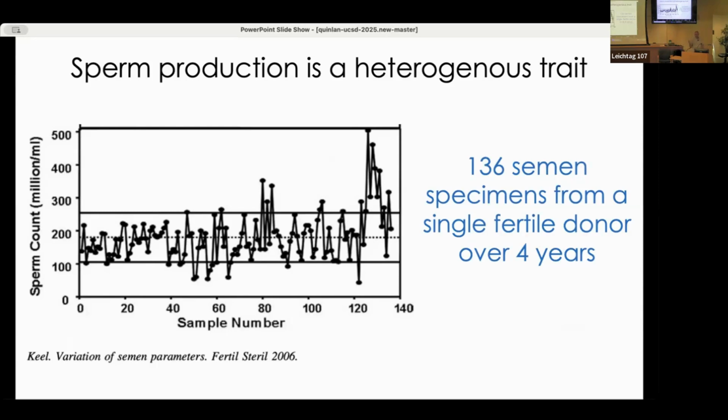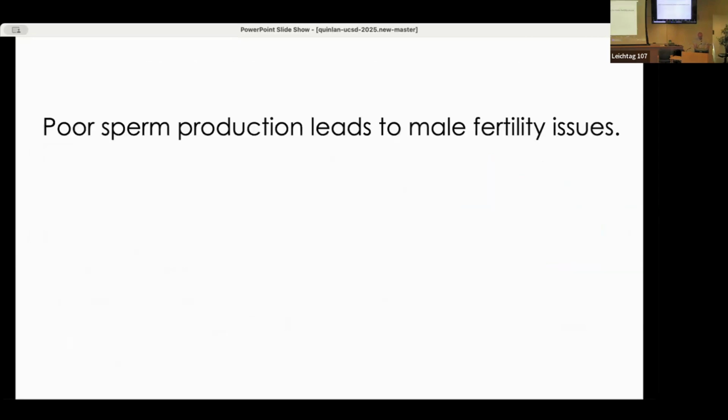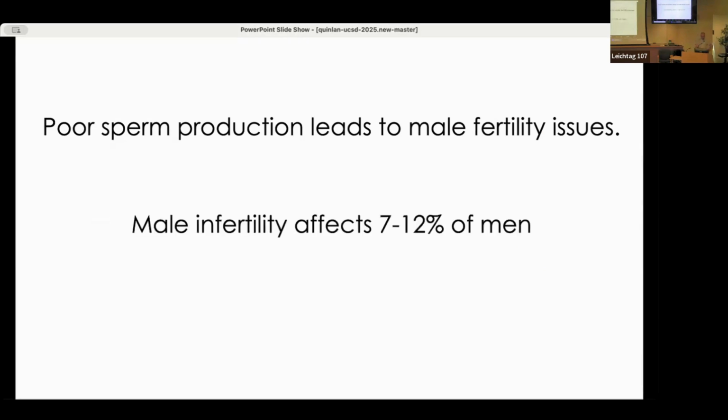And what the paper talks about is that this reflects the extreme metabolic demand that sperm production requires. So this fluctuation could be a function of sleep, diet, exposure, all these different things, and real-time changes in metabolism. So poor sperm production leads to male fertility issues.